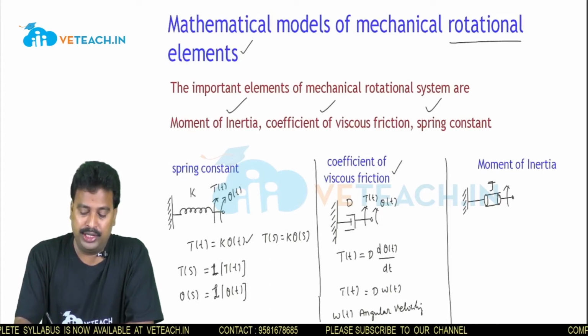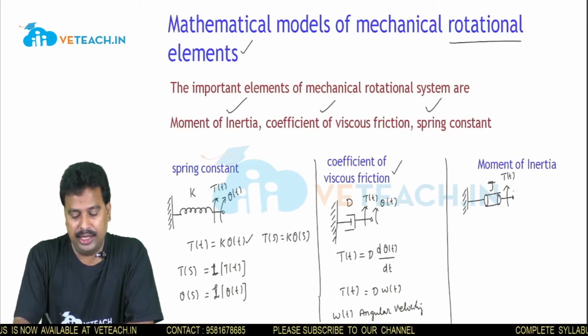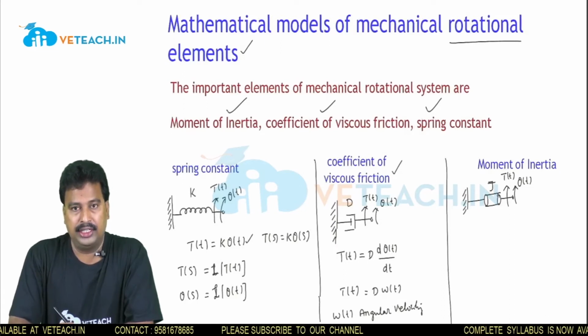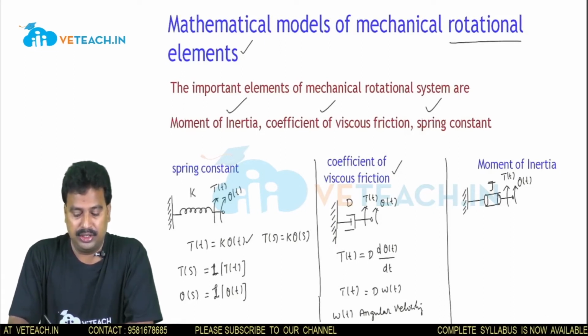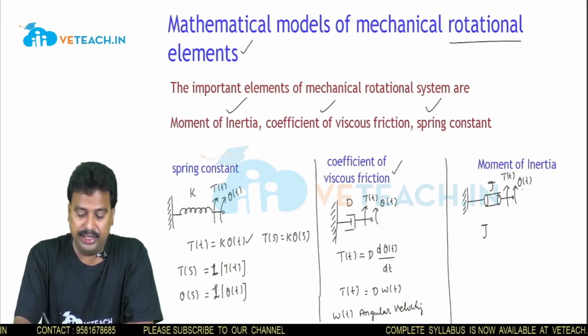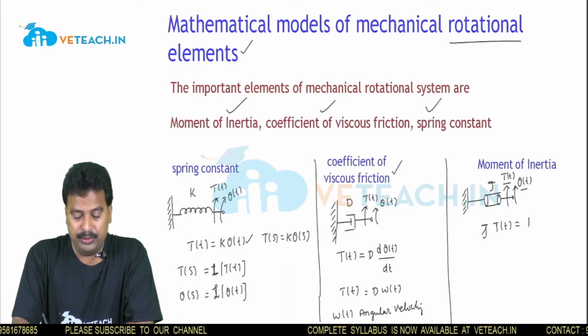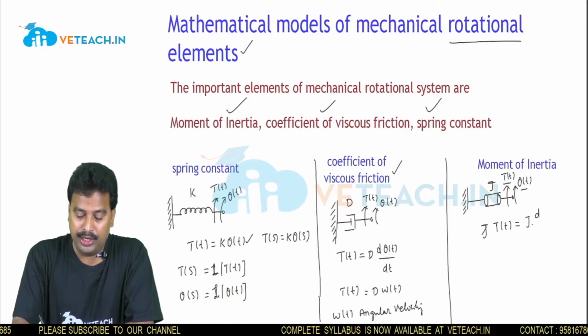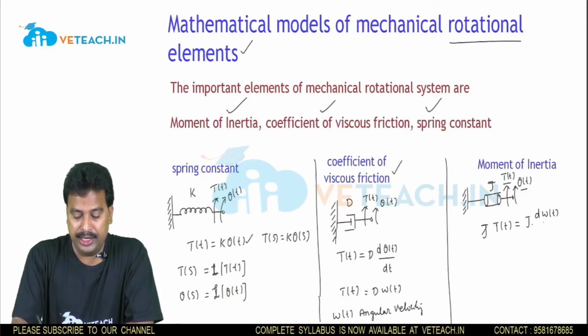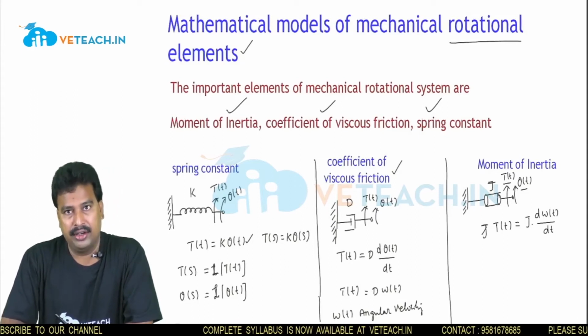Suppose that a torque T of t is applied in this direction, which causes a displacement theta of t in the direction of application of this torque. The relation between T of t and J is T of t is equal to J into d omega of t by dt, where omega of t is the angular velocity.